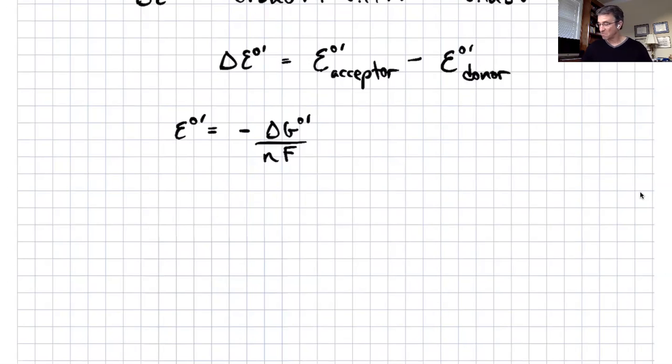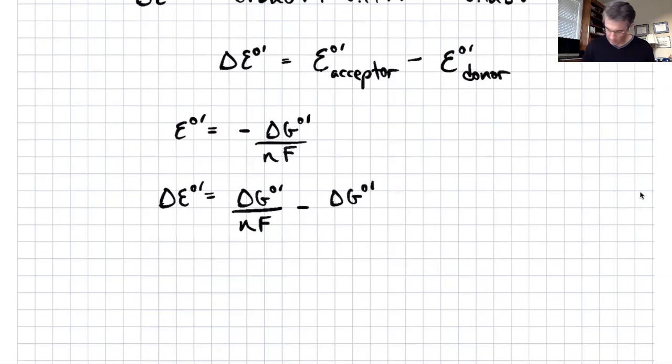That's kind of cool, because what that means is that this delta epsilon naught prime is simply equal to minus delta G naught prime divided by nF. That's kind of amazing.